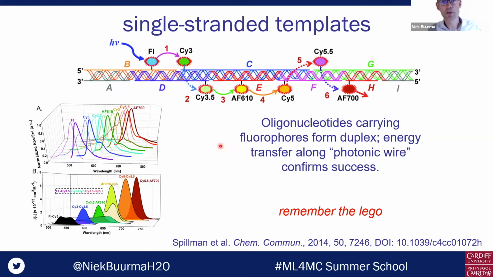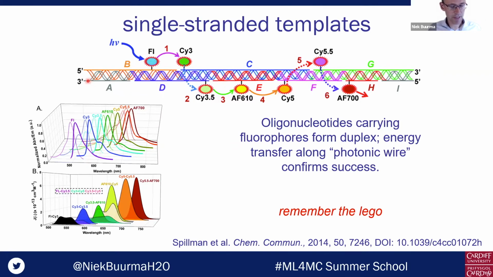But what we can also do is use the DNA and connect, for example, fluorophores, chromophores to the little bits of DNA. And that is what has been done, for example, in this particular paper. There are oligonucleotides that contain a fluorophore.